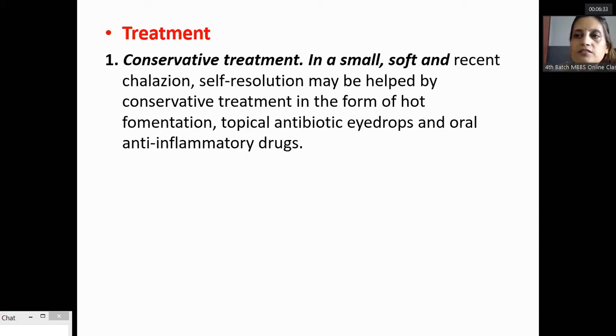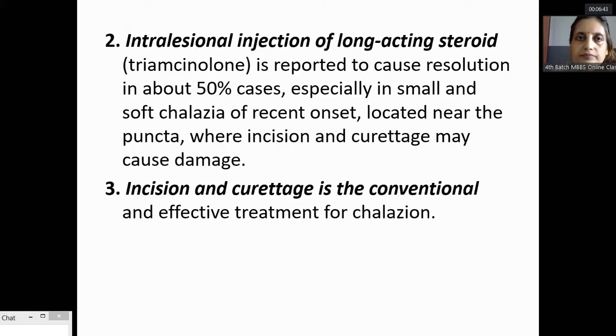So you advise hot fomentations and topical antibiotic eye drops or oral anti-inflammatory drugs. Intralesional injection of a long-acting steroid, that is triamcinolone, is reported to cause resolution in about 50% of the cases, especially in small and soft chalazion of recent onset, located near the punctum where incision and curettage may cause damage.